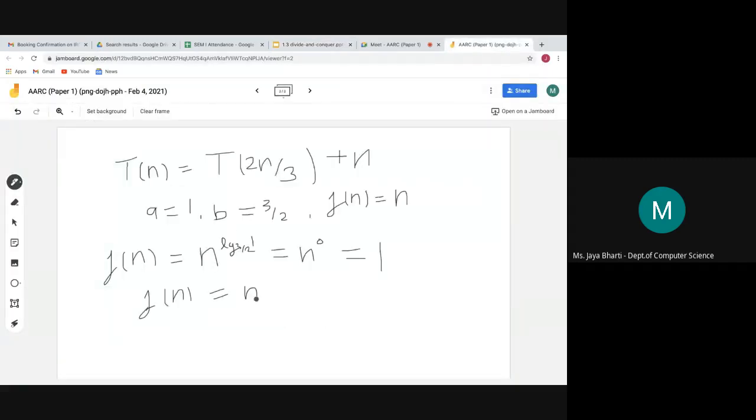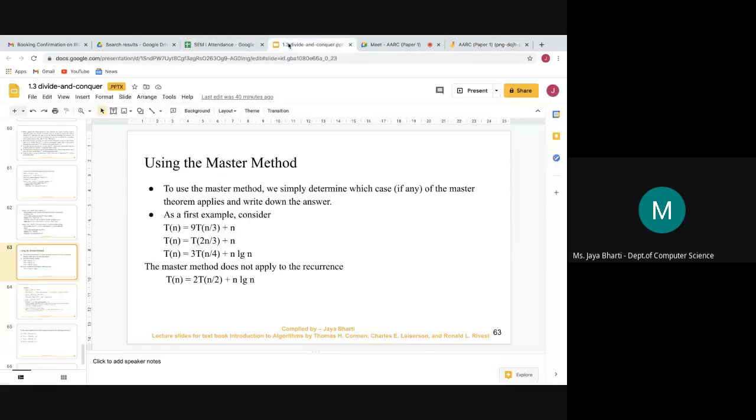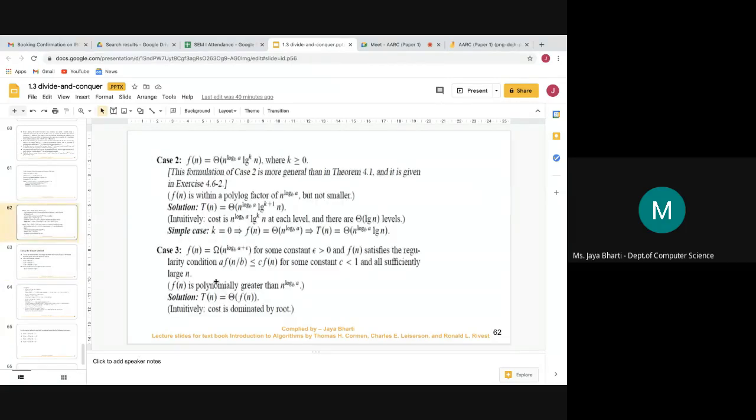Okay, so it is n, and when you compare with this, it is 1 only. So what you can say is that this n is bigger, क्योंकि हमारा n की वैल्यू हम चेंज करेंगे तो it will change, but 1 हमारा सेम ही रहेगा, it is constant. So this is the bigger. तो अगर ये पार्ट बड़ा होता है तो which case applies? Third case. So this is the third case.